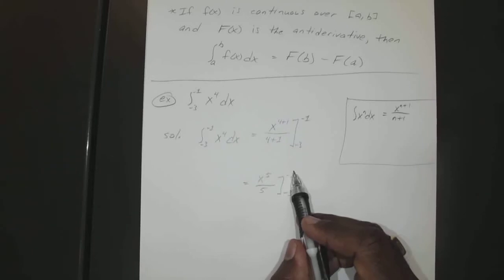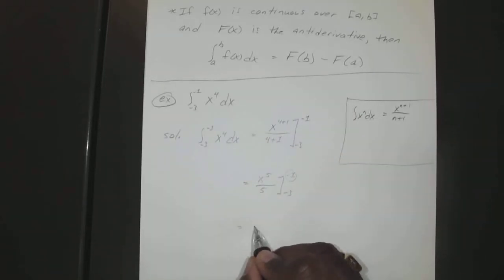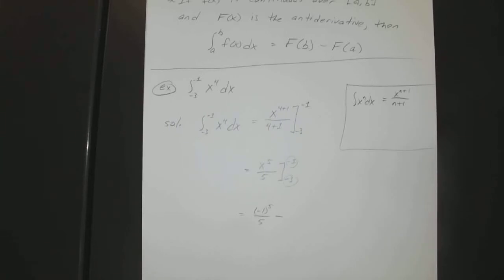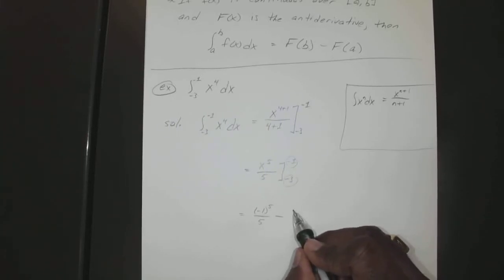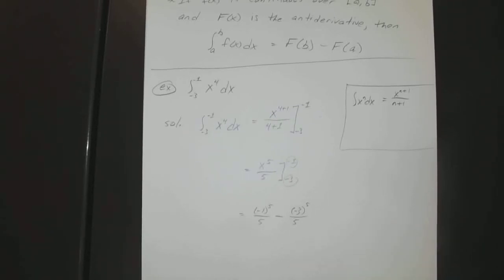First we plug in our -1, because remember it's f of b. So you have -1 to the 5th over 5, minus what you get when you plug in a, so -3 to the 5th over 5.